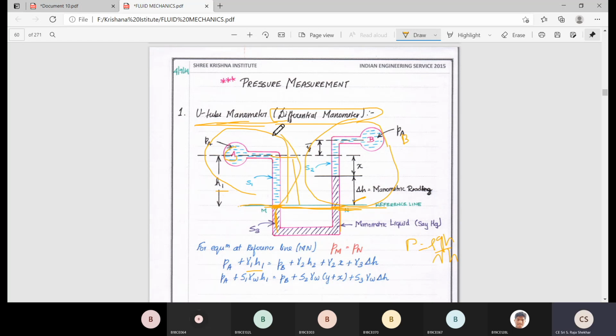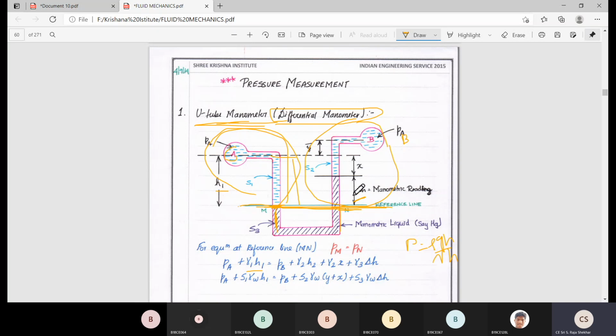So this is the left limb pressure, and it should be equal to the right limb pressure. For equilibrium, the left limb pressure must be equal to the right limb pressure. So the right limb pressure is PB plus gamma 2 into x plus y, plus gamma 3 into delta h, where gamma 3 is for the manometric liquid.